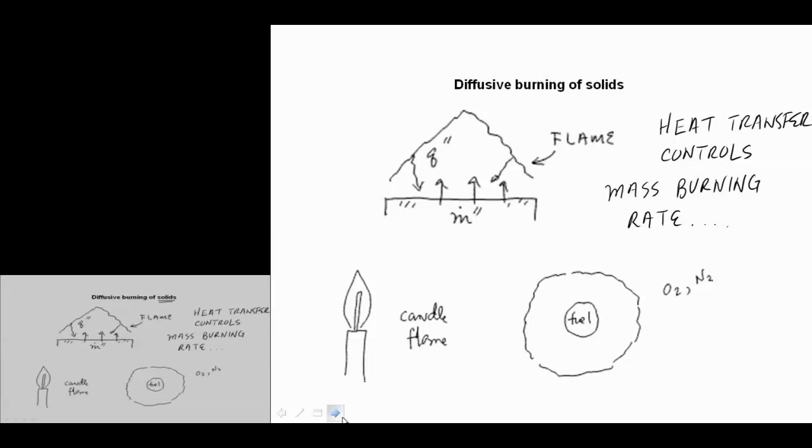If I have some solid object, some condensed phase material, and there is a continuous burning process where there's a flame, so this is supposed to represent a flame here, above it, it is in fact the heat transfer from the flame, both radiative and convective, that initiates and allows for mass flux away from this solid.